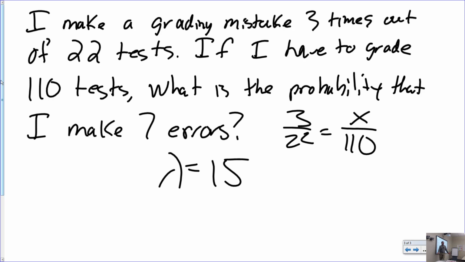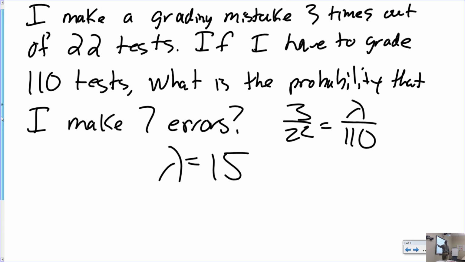It's a ratio problem. You multiply 22 by 5 to get to 110, so 3 times 5 gives you 15. So what's the probability that I make 7 errors?